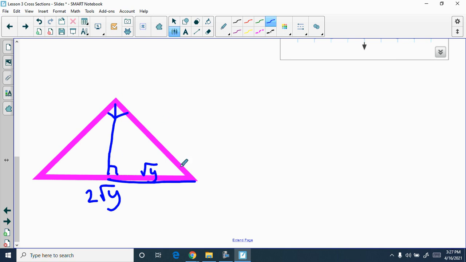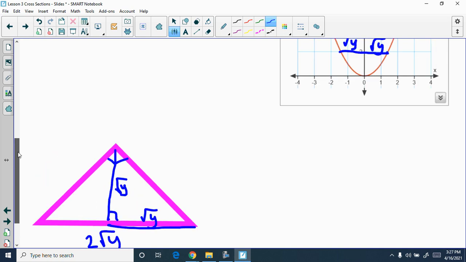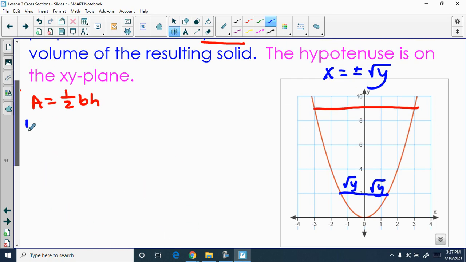Now this mini triangle we just created is another 45, 45, 90 triangle, which means that its height would also be the same as the base that it had here. So we find that the height is the square root of y. So I've got both of my pieces. My base was 2 square root of y, and my height was just the square root of y.